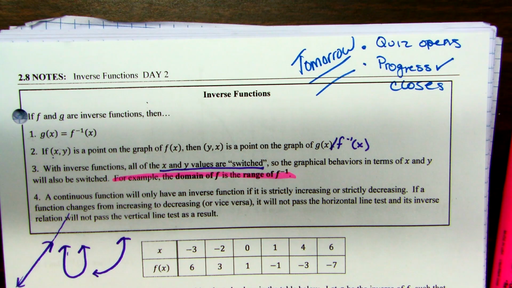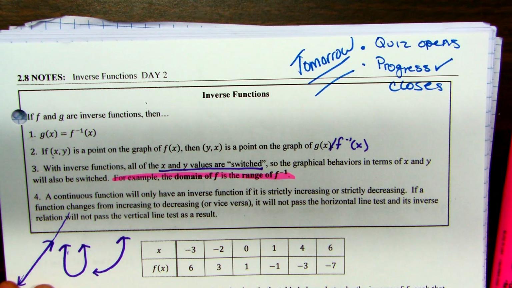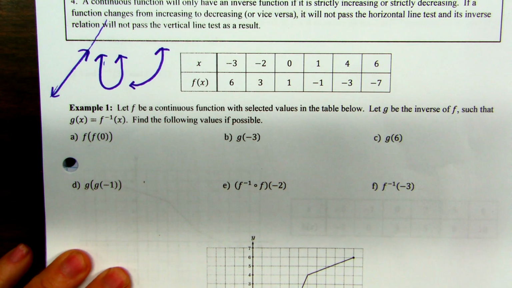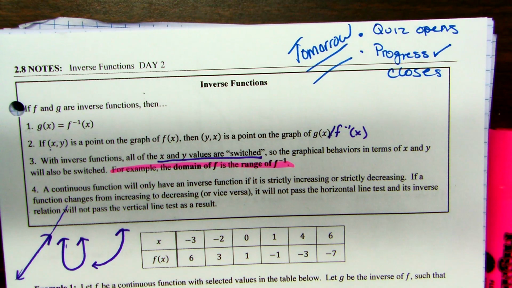Every single relation, we learned that word relation yesterday, is just a set of ordered pairs. Those are relations, an equation is a relation. All relations have an inverse relation. You can switch x and y in any table of values, any graph, any equation, right? It's mechanics. You just switch them. But is the inverse a function?